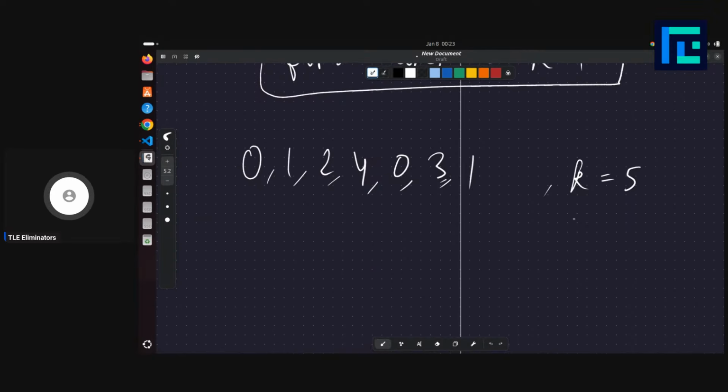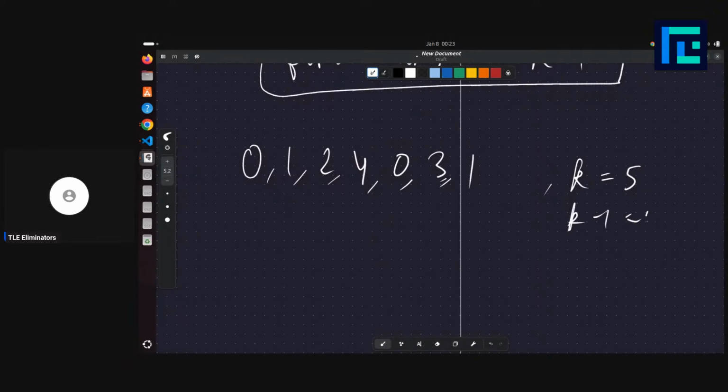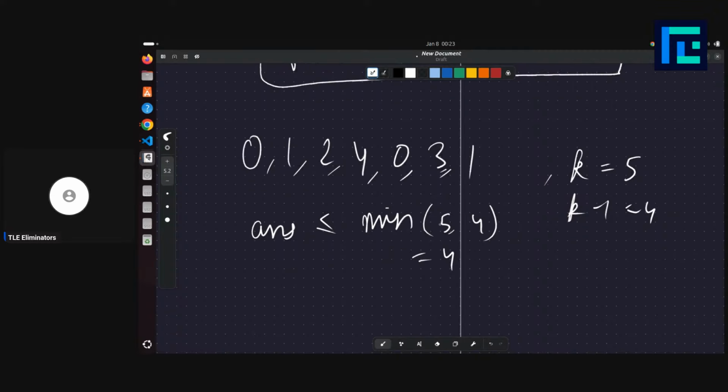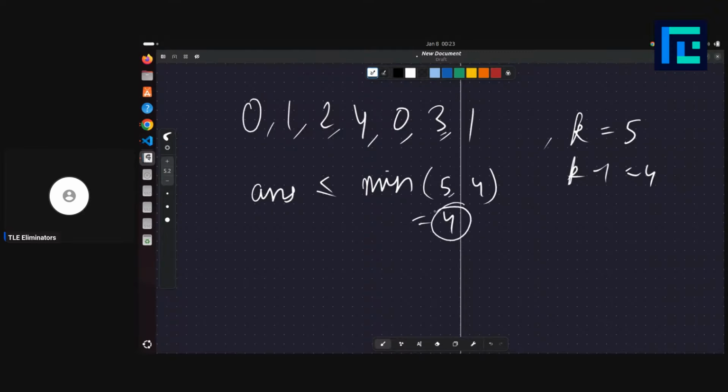So final length would be k minus 1, which is 4. And the max of this array is 5. So my final answer would definitely be less than or equal to min of 5 comma 4, which is 4. So my answer cannot be more than 4, right?